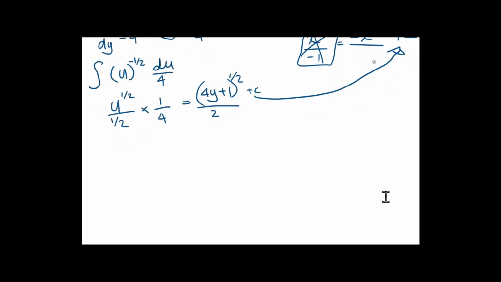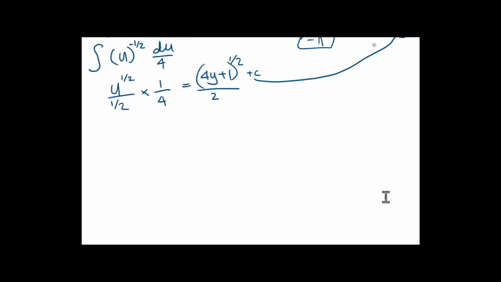So now that we've done all of the integration, let's collect up terms. So we've got in brackets 4y plus 1 to the power half, and that's 2 square root over 2, it's going to be equal to negative x to the negative 1 plus c. Okay, so far so good.